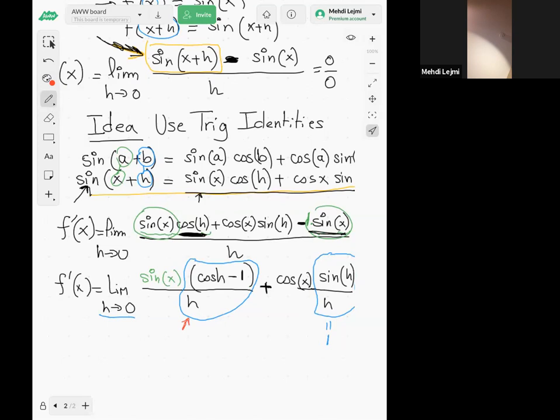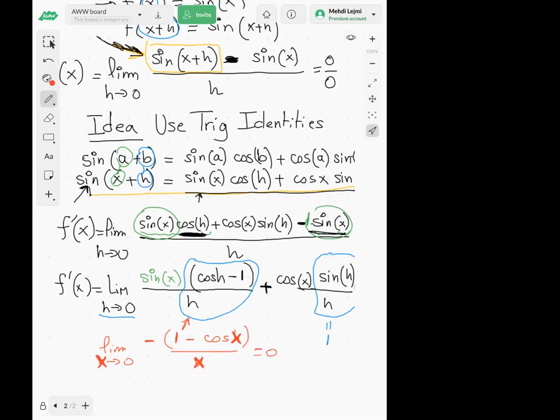It's the opposite, it's minus 1 times 1 minus cosine of h over h, with h going to 0, like x going to 0 of 1 minus cosine of x over x, and we said this is equal to 0.